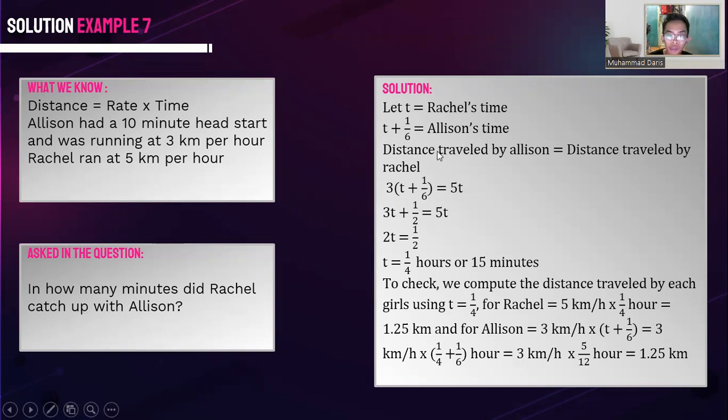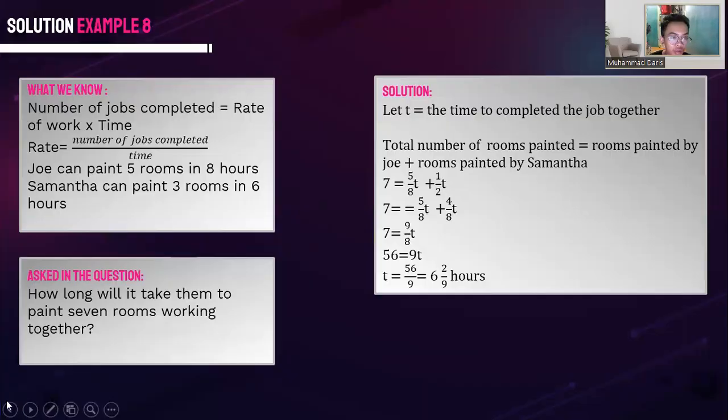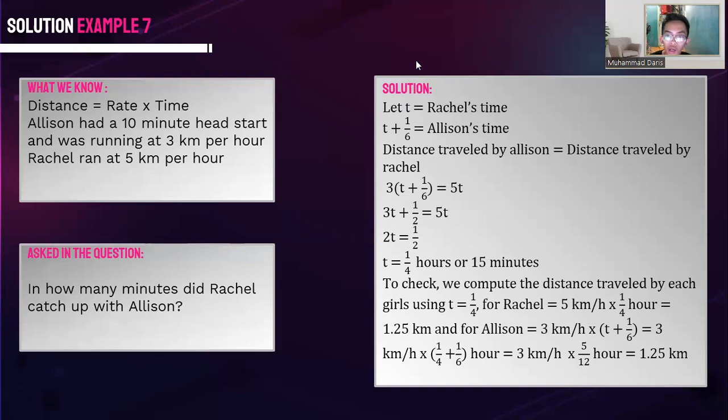And the equation for Ellison's time, we can make this T plus 1/6, because Ellison had a 10-minute head start. We take 10 minutes over 60 because it is in hours, and then we convert to hours.